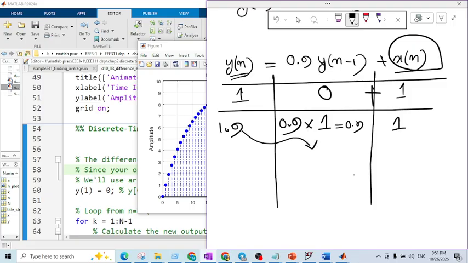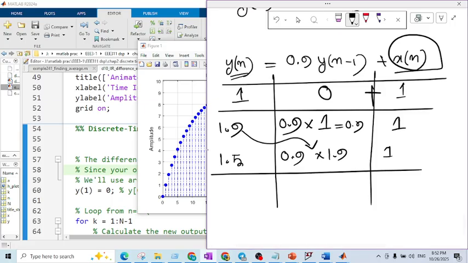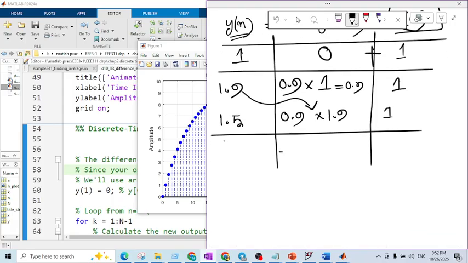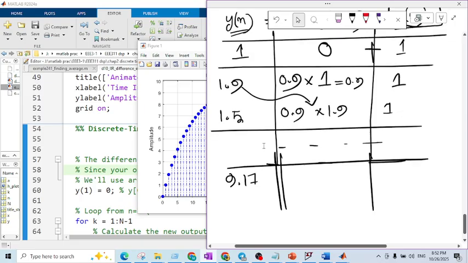Again this 1.9 will appear here, but 0.9 is multiplied, and I will get 0.9 times 1.9 plus 1, and I have to keep doing this, and after some time, okay, after a long time I will get an output of 9.17. Okay, now let's work with this.